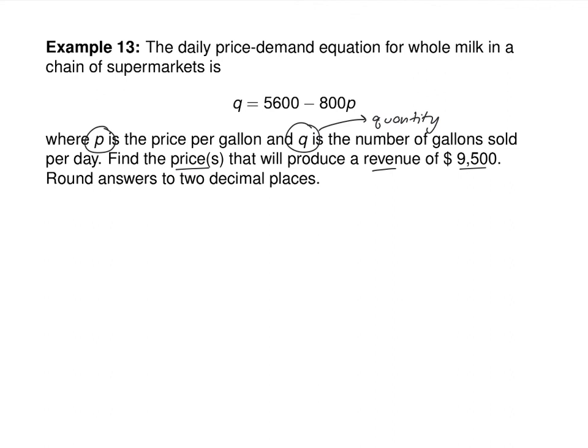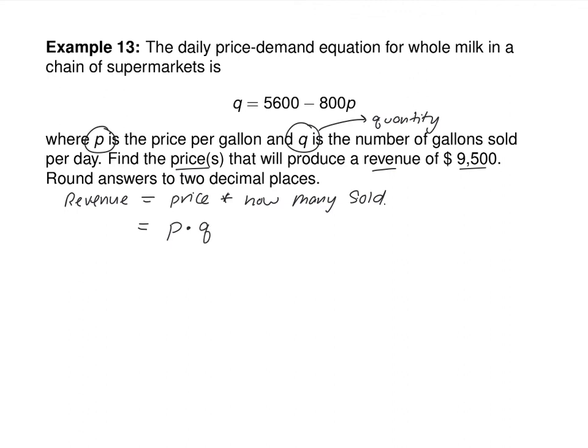Okay, so first of all, revenue, as an idea, revenue is equal to price times how many sold, right? Does that make sense as an idea? Okay, so the price is a variable. You don't know what you're going to set it at yet, right? So our price is P. How many sold is that Q equation, isn't it?